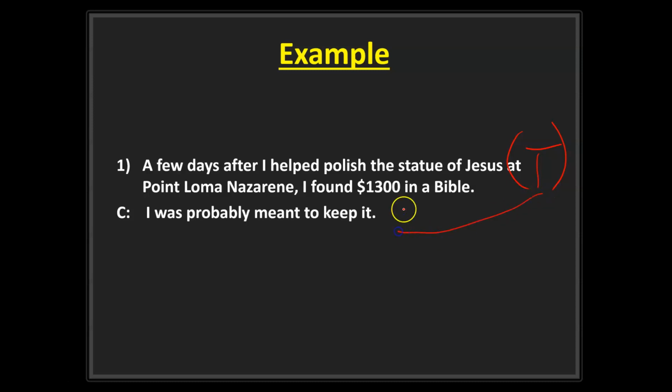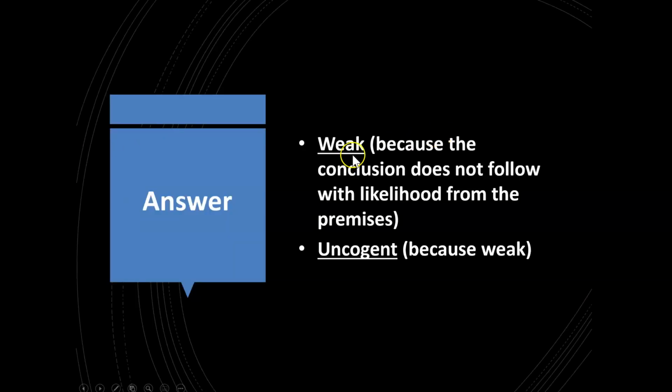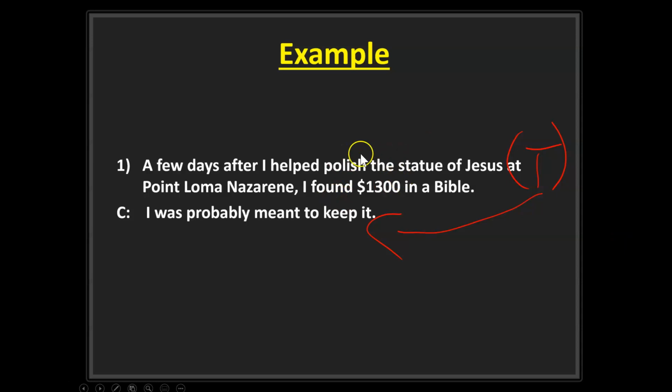Would it follow that I was intended to keep it? Answer's weak, because the conclusion does not follow with likelihood from the premises. And it's uncogent because it's weak. Weak, hence uncogent. This is actually a true story, though.